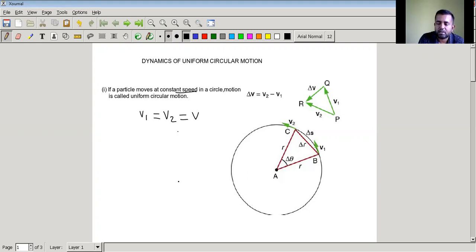Now let us first ask this question: why is velocity tangent? As the particle goes in a circle, the particle is here, then the particle goes here. The position vector is first in this direction, r vector.